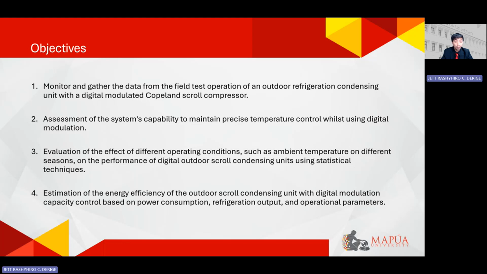So different parameters that are used on this study would be analyzed using multiple linear regression, statistical analysis technique. And also estimation of the energy efficiency of the outdoor scroll condensing unit. So this was done with the tool template used for the study, which would be shown later on the slide.